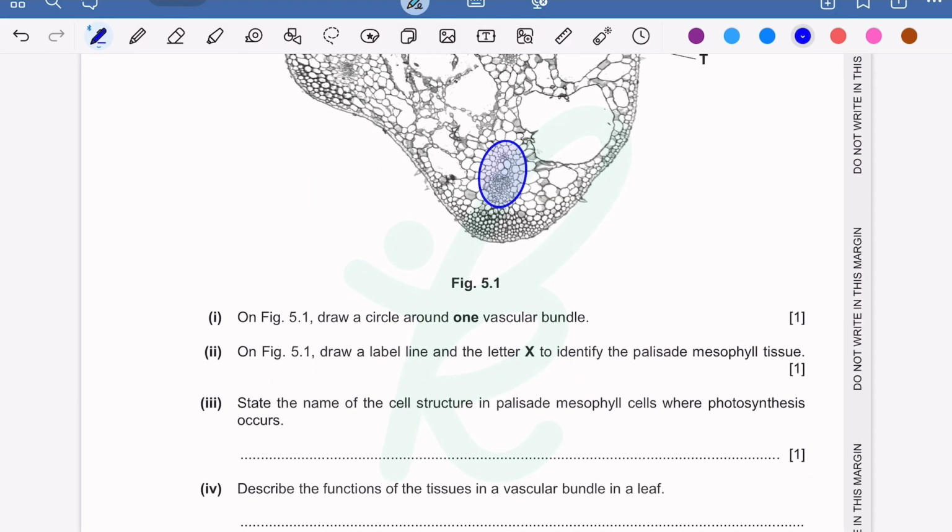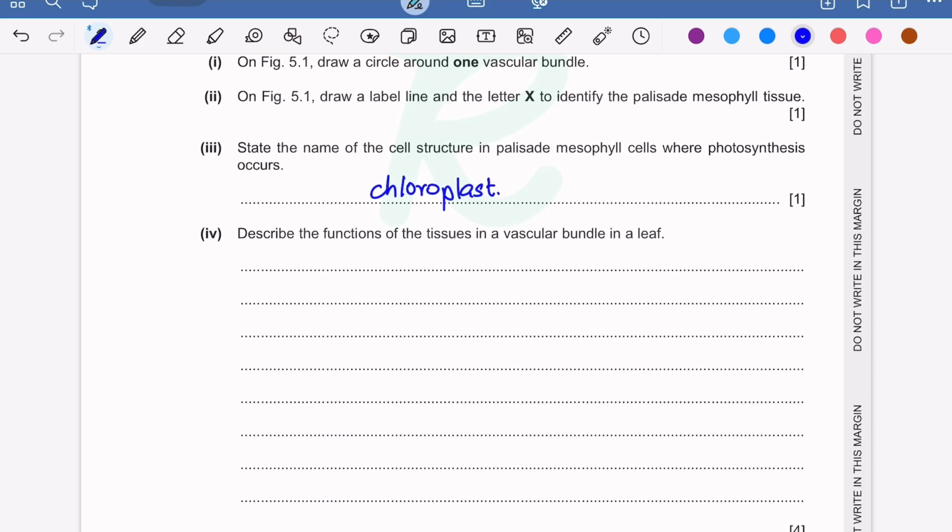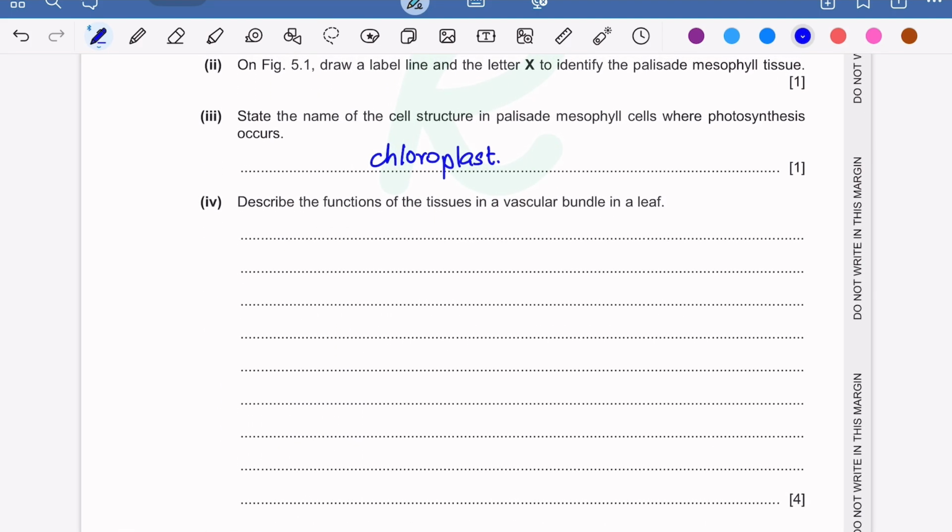Next, state the name of the cell structure in palisade mesophyll cells where photosynthesis occurs. So the cell structure where photosynthesis occurs is called the chloroplast. Next, describe the functions of the tissues in the vascular bundle of the leaf. So first of all, when I talk about the vascular bundle, it comprises xylem and the phloem.